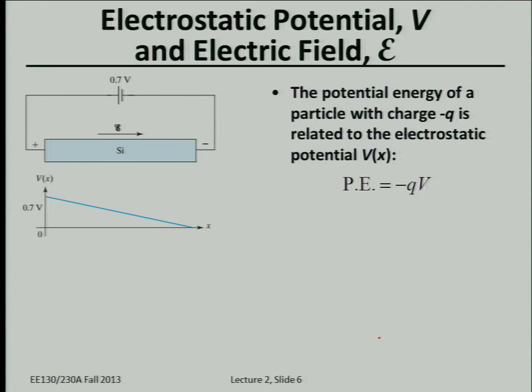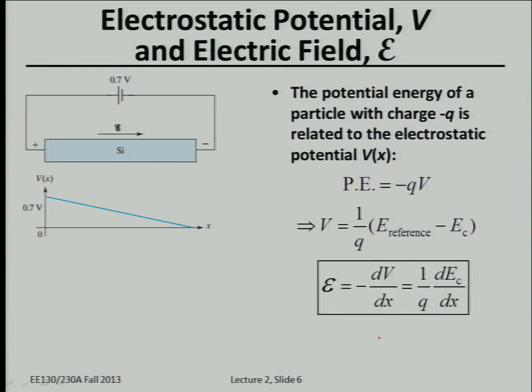Okay? So if we remember from the previous slide that the potential energy is given by that conduction band edge for an electron, then we can actually write an expression for electric potential as a function of the conduction band edge energy. Okay? So that's basically that.